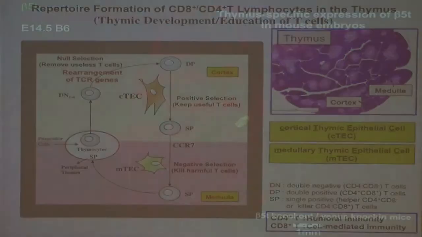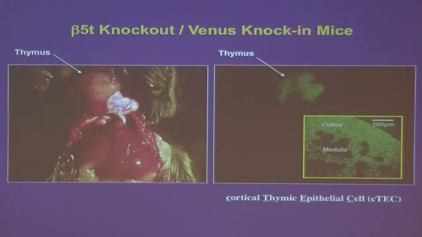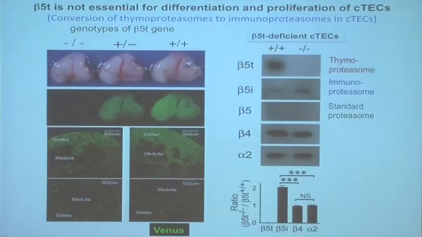So we tested the in vivo function of the proteasome. We made a beta 5t knockout mouse. As you can see here, the thymoproteasome is only expressed in the thymus and only in the cortex. How about the phenotype?